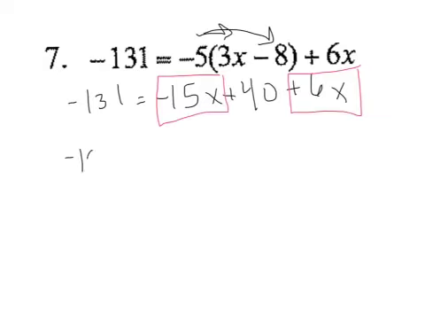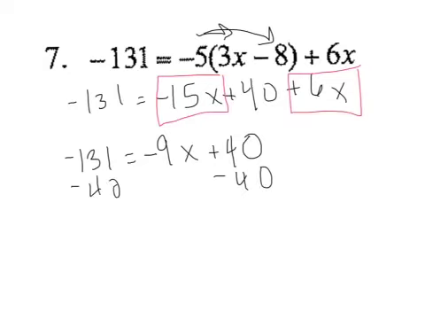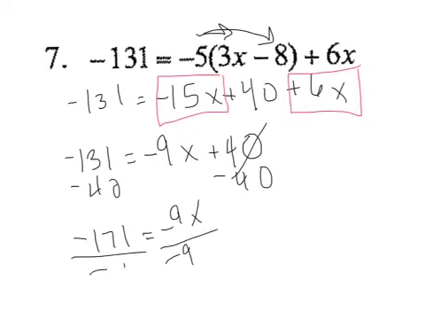So you have negative 131 equals negative 9x plus 40. Then you're going to subtract 40 from both sides, and you get negative 171 equals negative 9x. You're going to divide out the negative 9. Your answer is going to be positive because a negative divided by a negative is positive. So your answer is positive 19.